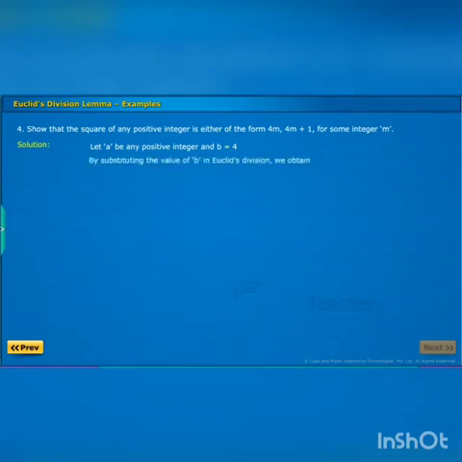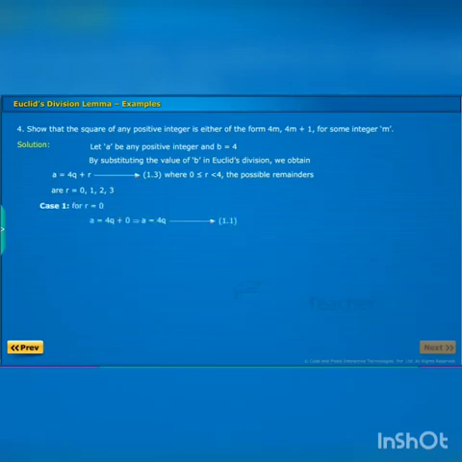By substituting the value of b in Euclid's division, we obtain a is equal to 4q plus r, where 0 is less than or equal to r less than 4. The possible remainders are r equal to 0, 1, 2, 3. Case 1 for r equal to 0. a is equal to 4q plus 0, that is a equal to 4q.